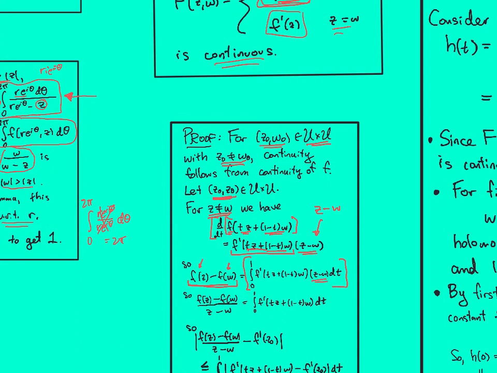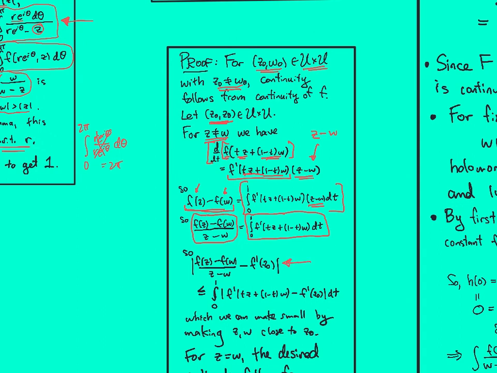But then I can divide by z minus w to get that the difference quotient is actually equal to this integral on a line segment of the derivative of f. And now this makes it really easy to compare the difference quotient to the derivative.